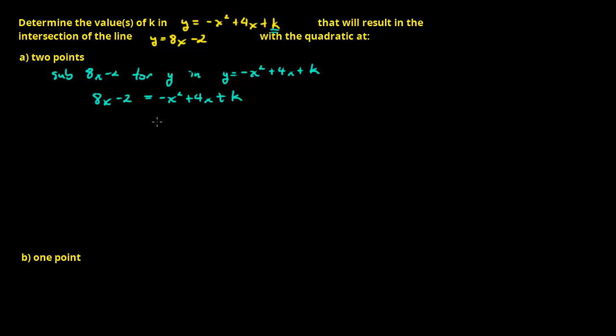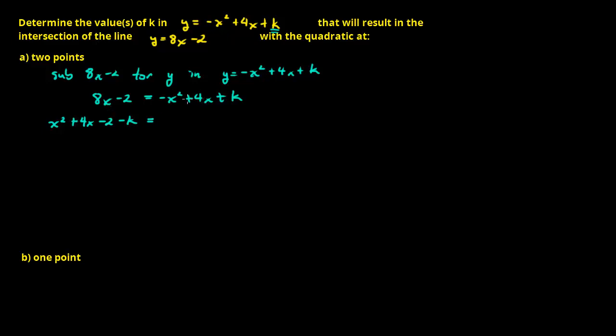Now we can rewrite this equation in standard form. So if I rewrite it, I can write it as x squared plus 4x minus 2 minus k. Oh, I thought I made a sign error, but I didn't, because I've got an 8x term over here.